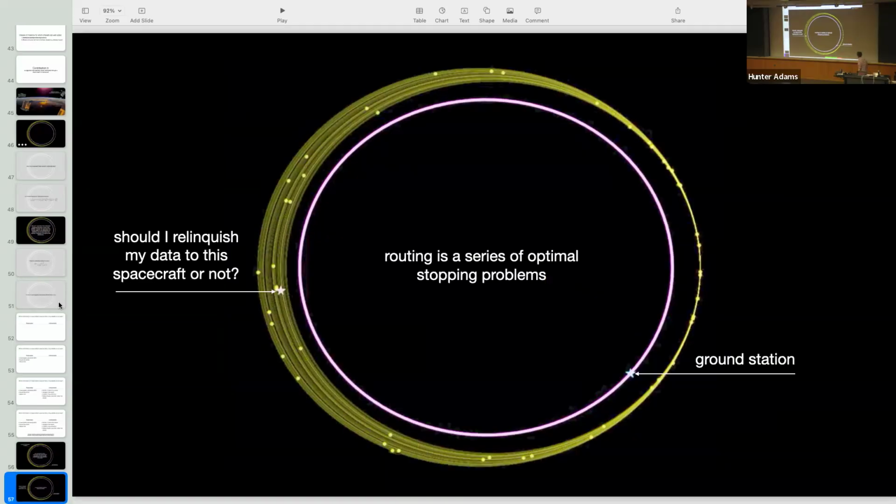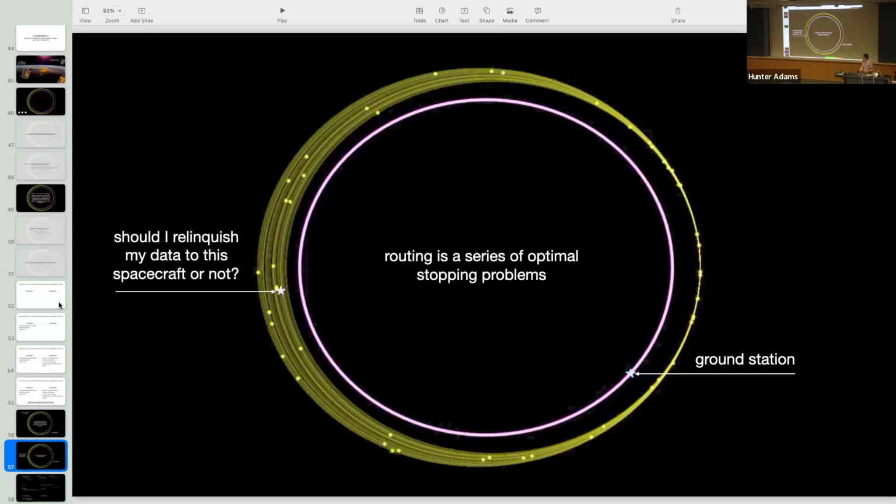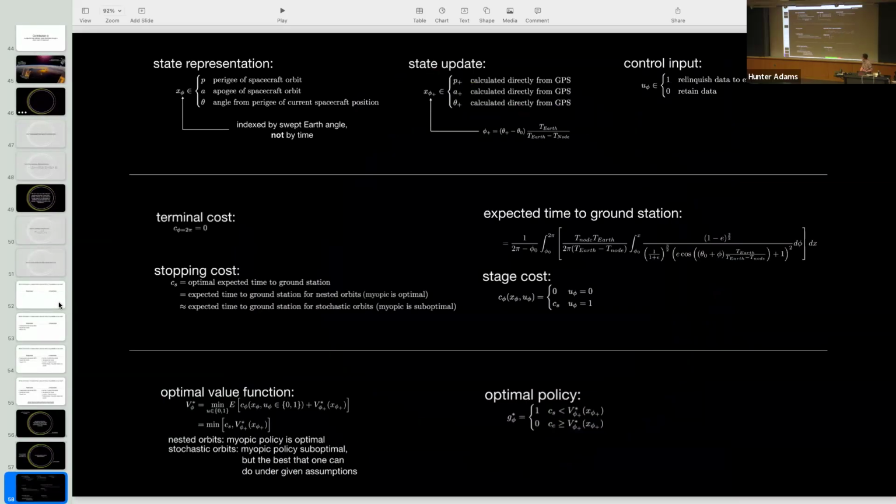It will pass within a communicable distance to some other chipsat, and it needs to decide, is it a better idea for me to hold on to my data, because I think I'm going to get to this ground station, wherever it may be, first, or is it a better idea for me to relinquish my data to this other chipsat, because I think probably it will get to the ground station first. You can frame this as a series of optimal stopping problems, for which there exists a mathematical infrastructure that you can turn the crank of.